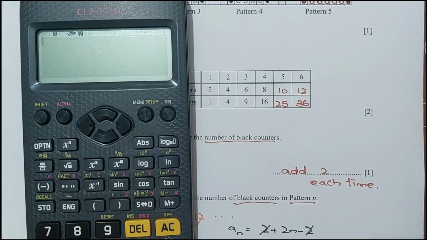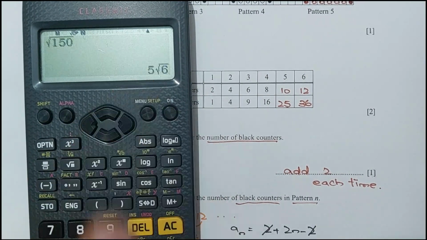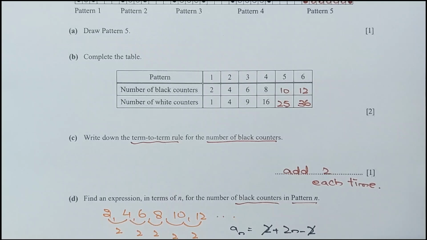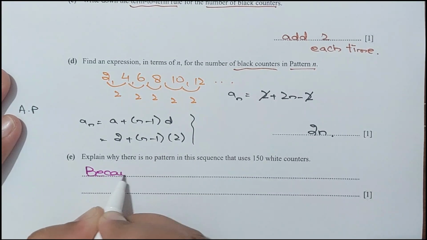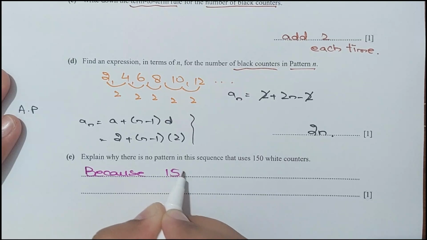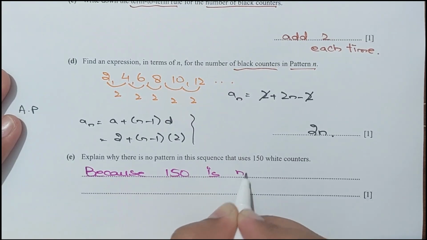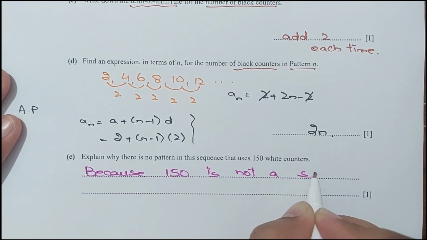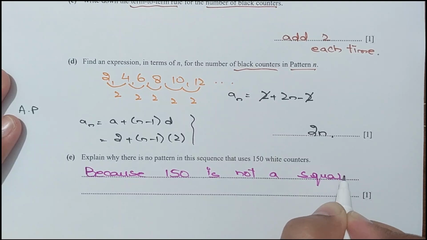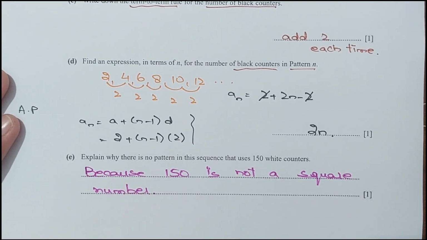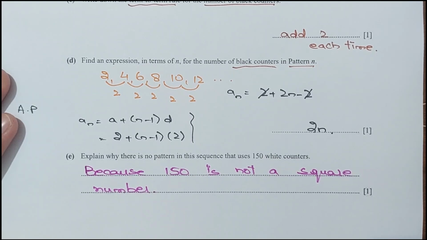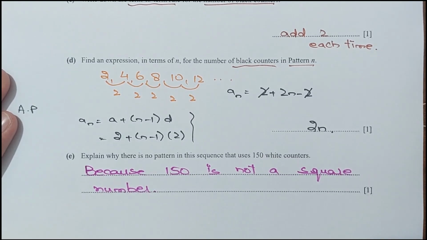The root of 150 does not exist, so 150 is not a square number. This is the reason we cannot use 150 as white counters.